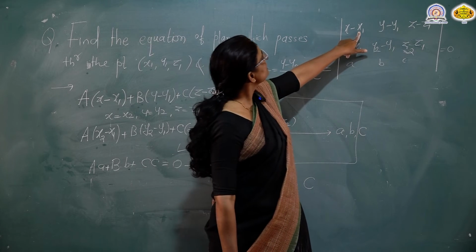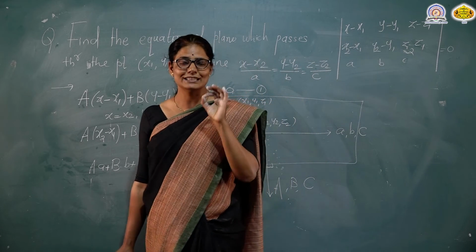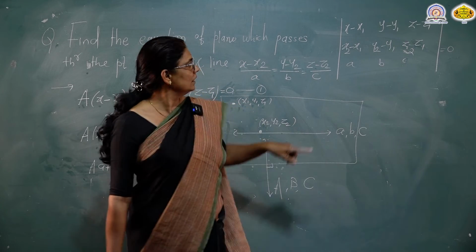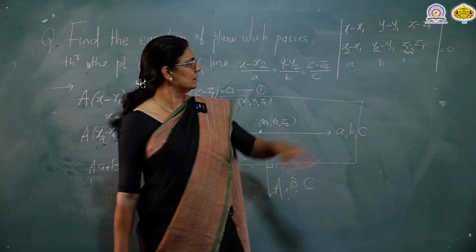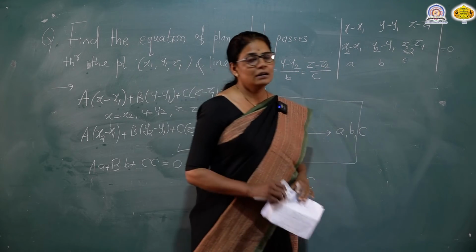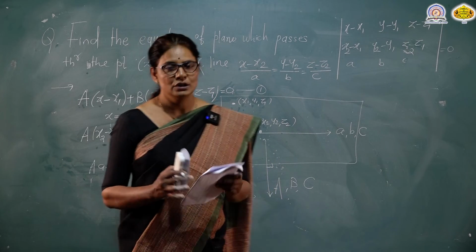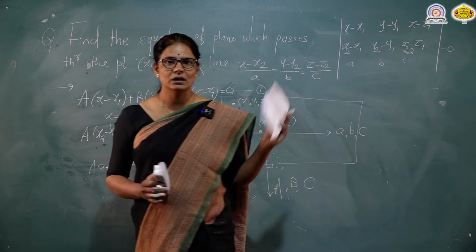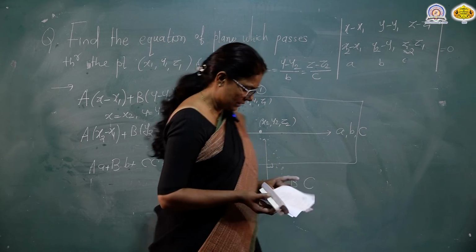Here the notations are: x1, y1, z1 is the given point, x2, y2, z2 is a point on the line, and small a, b, c are the DRs of the line. So at the end of the session, now let us consider a simple problem using this result.